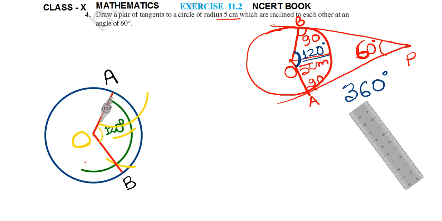Now what you will do, put the arc at this point and put the tip of the compass at the point where it intersected, and then intersect this arc, and then put again.